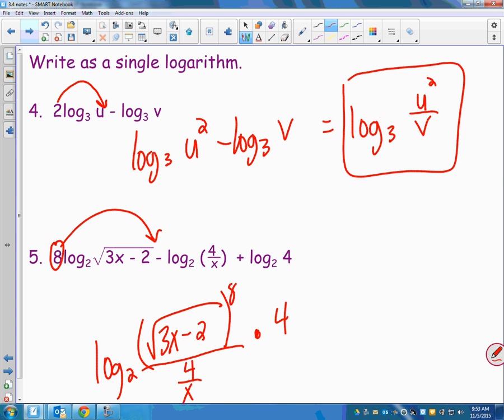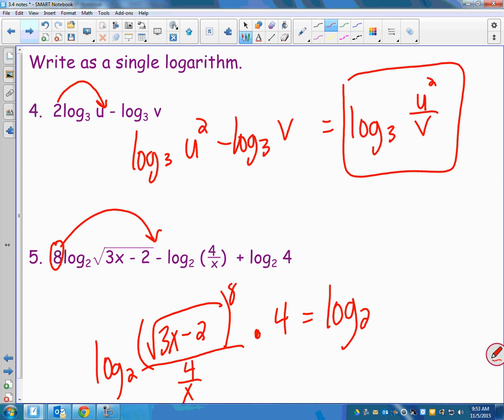Now, it's not okay to leave our answer like this. We want to simplify this. I put the 8 up as exponent. Subtraction, dividing, adding, multiplying. I only wrote log once though. That's the big thing. How do you simplify the square root of something to the 8th power?